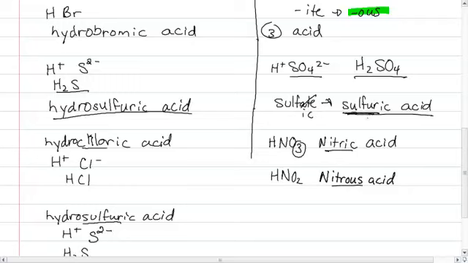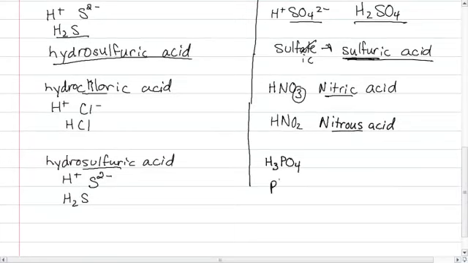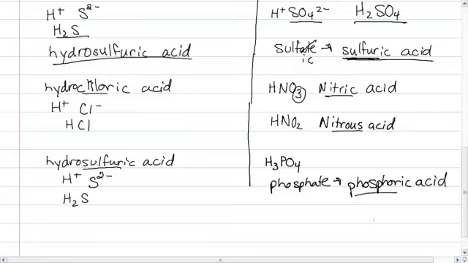The other exception for polyatomic ions is phosphorus, where if we have phosphate, which is PO4 3-, when it's here as an acid, instead of phosphate turned into phosphic, it becomes phosphoric acid. But the changing of the ate to the ic and adding acid to the end is the same.